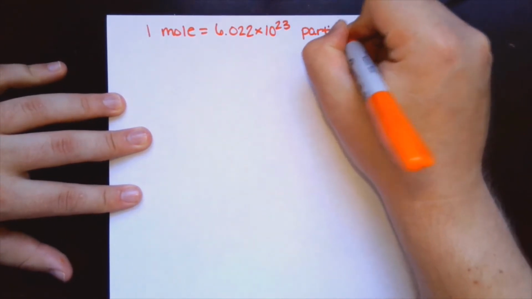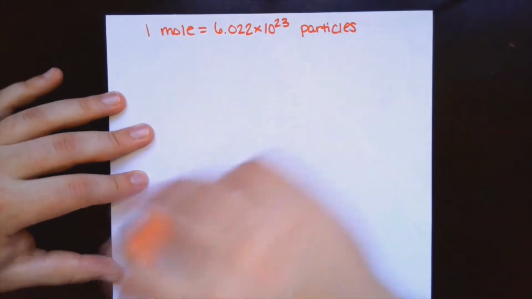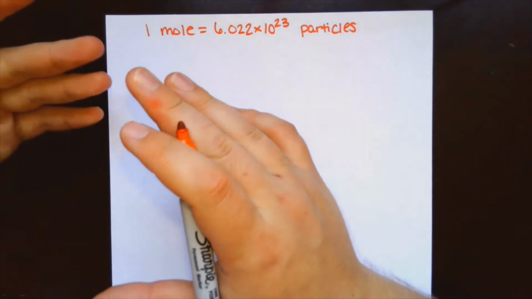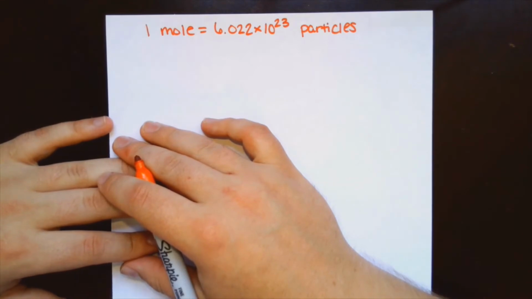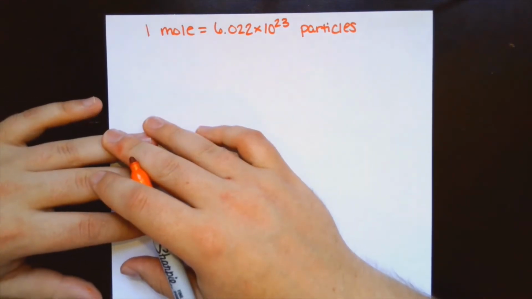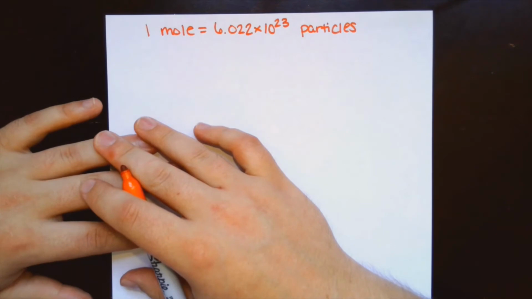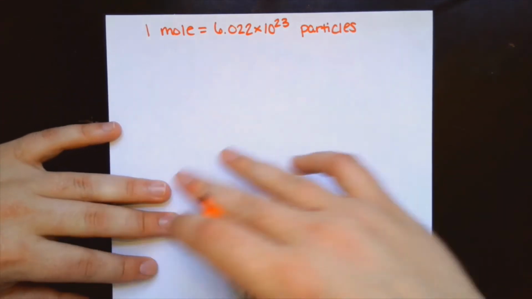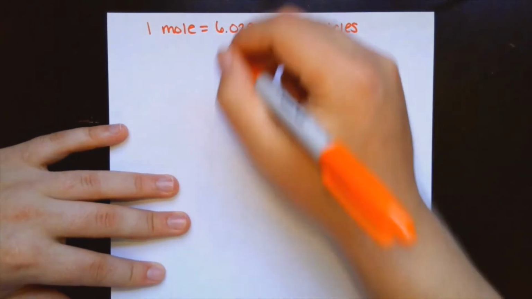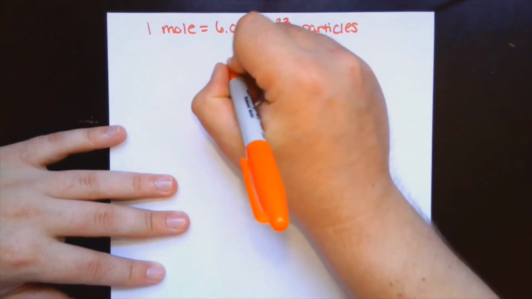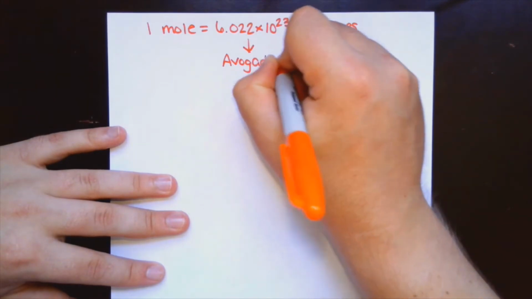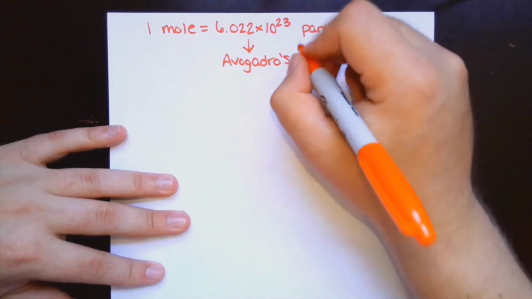It could be atoms, molecules, ions, electrons, whatever you want. And it might seem like that's kind of an odd, arbitrary number, but it's actually very important. Now, you don't need to know how that number came to be, but just know that it's a very important number, and it's actually known as Avogadro's number. So Avogadro's number is 6.022 times 10 to the 23rd.